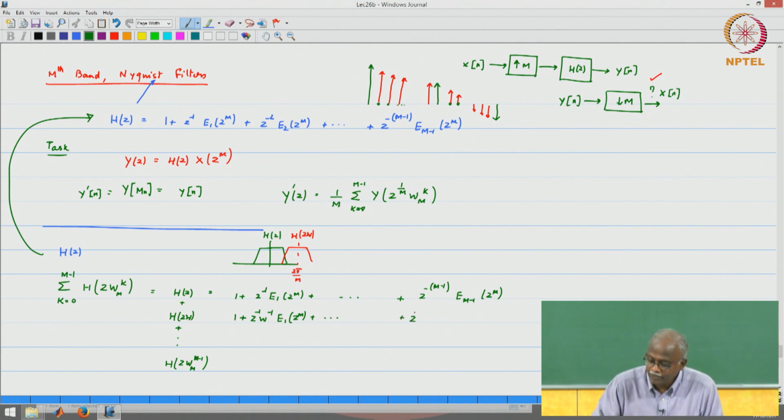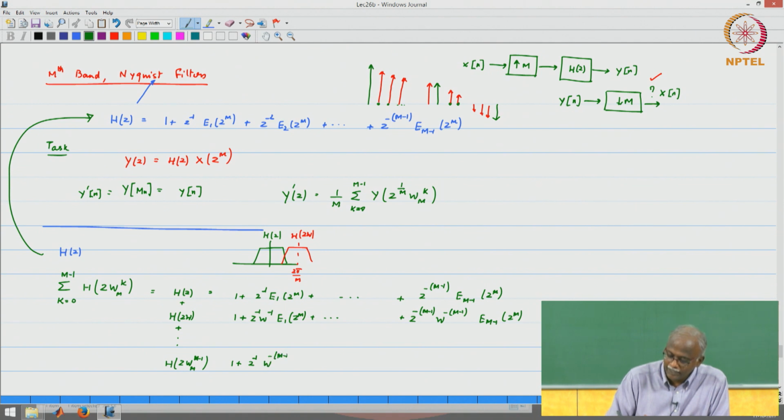Likewise this becomes z power m minus 1 w minus m minus 1 E m minus 1 z power m. Okay. Now please go through and write down the expression for the last one, 1 plus z inverse w minus m minus 1 E1 z power m plus dot dot dot.